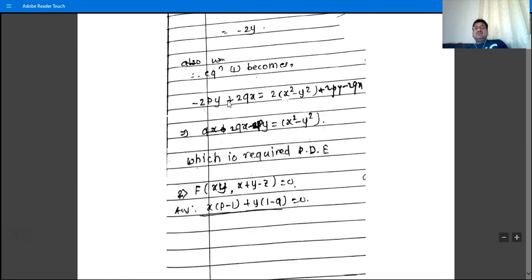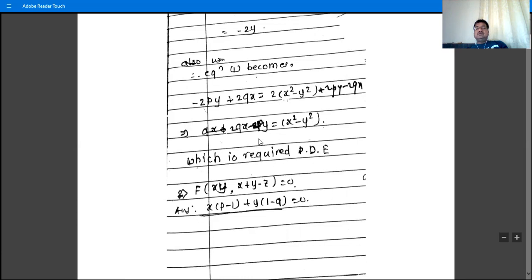And then we have minus 2py, and this minus 2py becomes minus 4py, and this plus 2qx becomes 4qx, equal to 2x square plus y square.